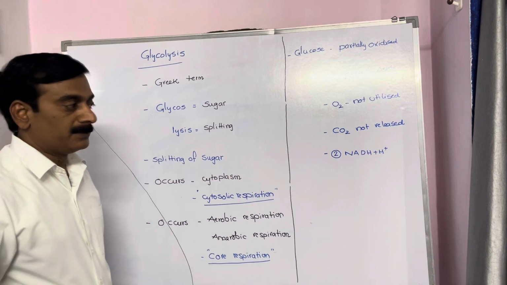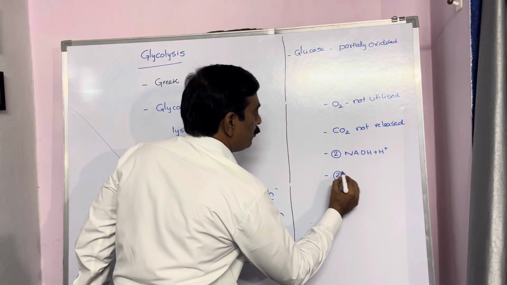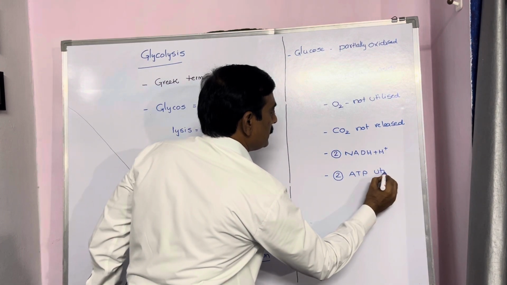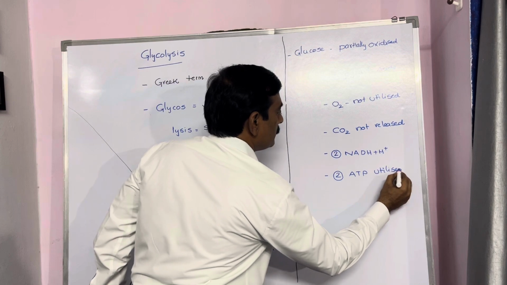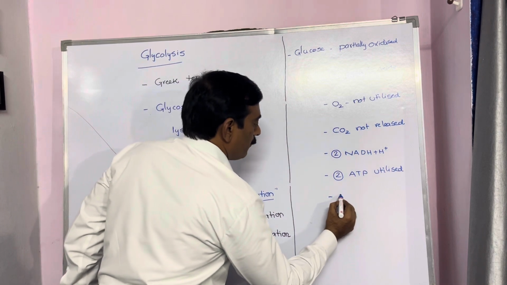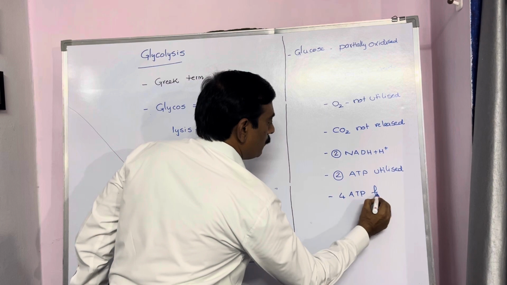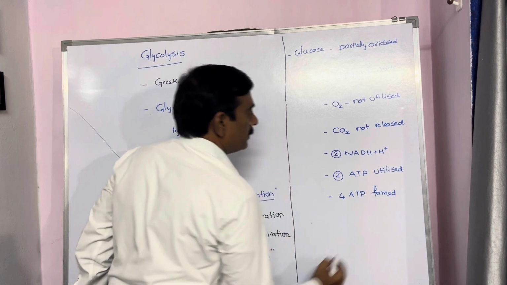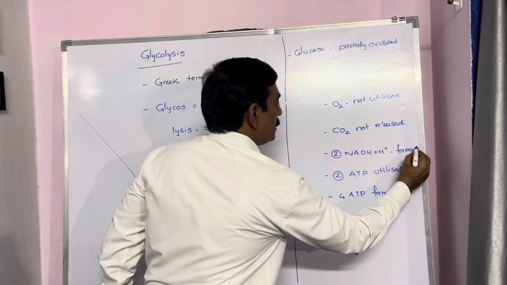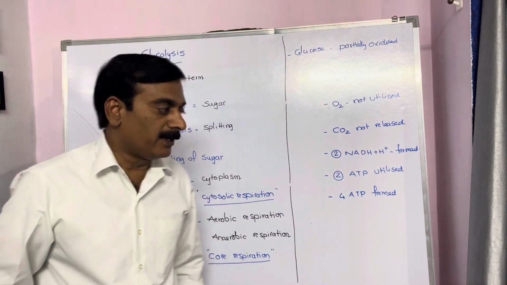During glycolysis, two ATPs are utilized and four ATPs are formed.